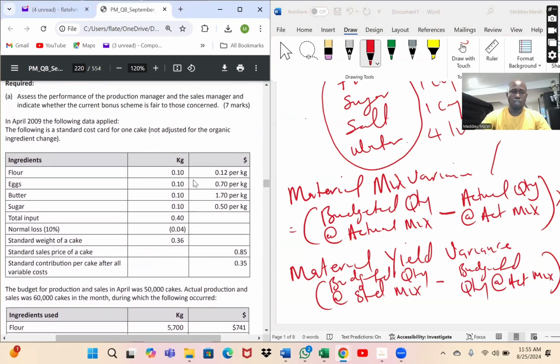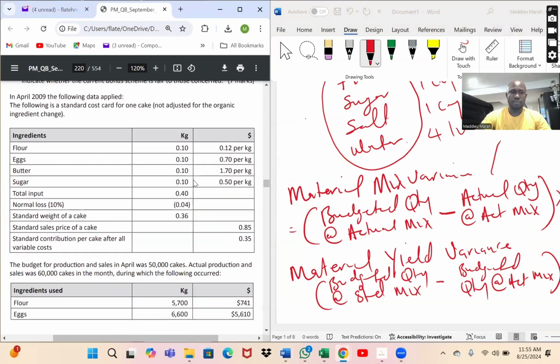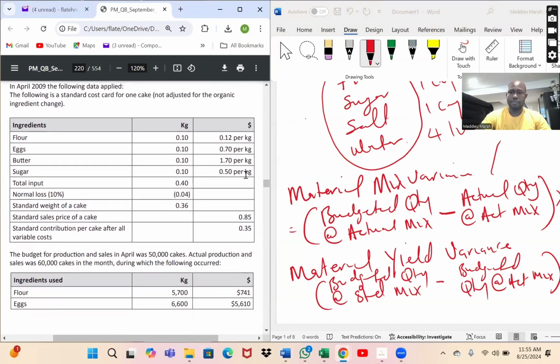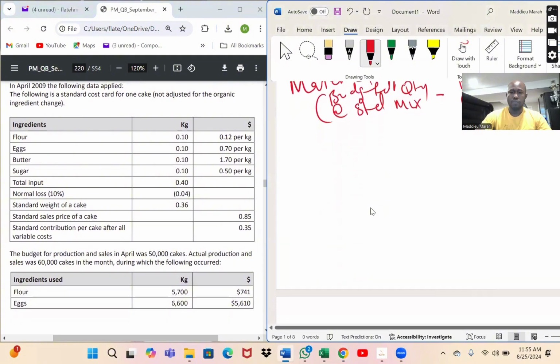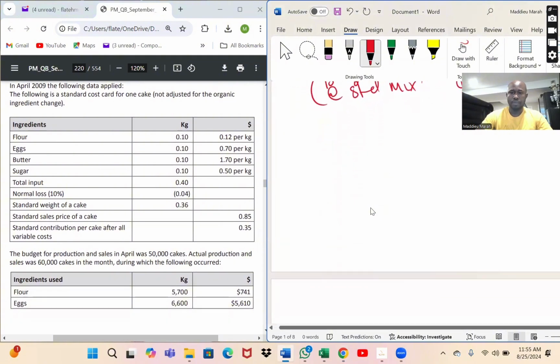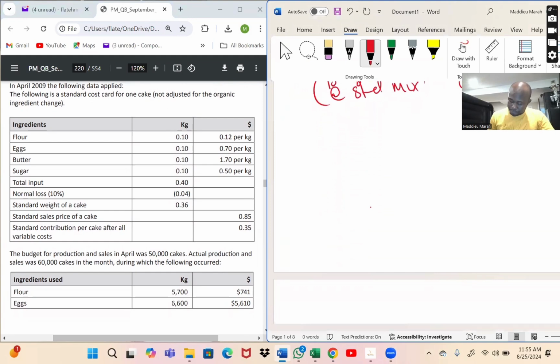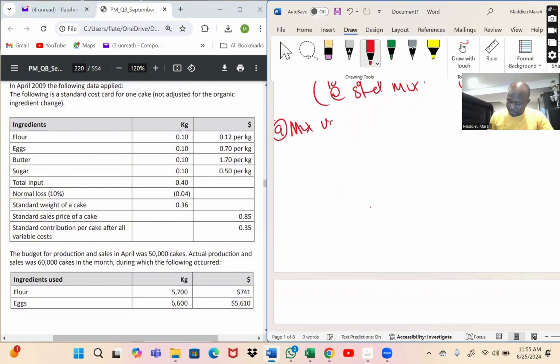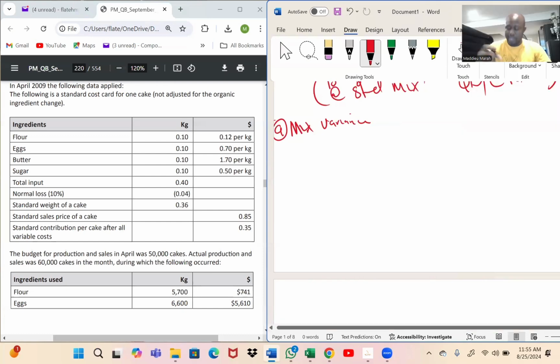Okay. So now let's analyze this question. Let's set the formula and we solve this question. Our A part, we are asked to calculate mix variance. We learned the formula already for mix variance.